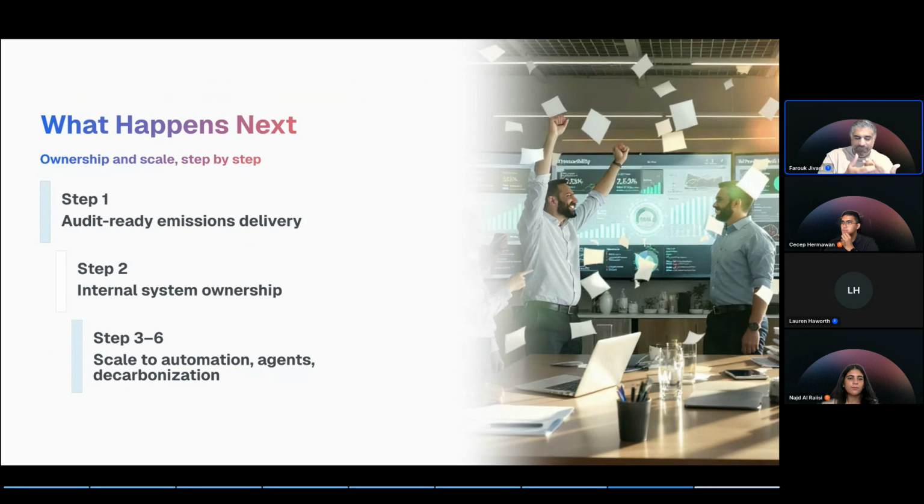What happens afterwards? I think if an organization is embarking on this journey and saying, hey, we're going to be audit ready, the next thing is, how do we actually make the organization own the work we're doing? How do we create internal system ownership, where the people within the organization are using the tool to output auditable results?